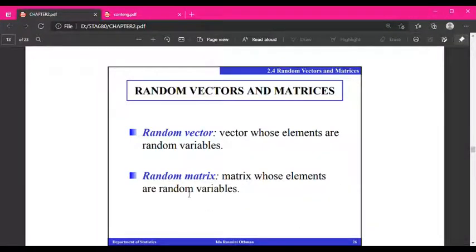A random matrix is a matrix whose elements are random variables, which will have several columns and several rows, and the entries in the matrix are random variables.